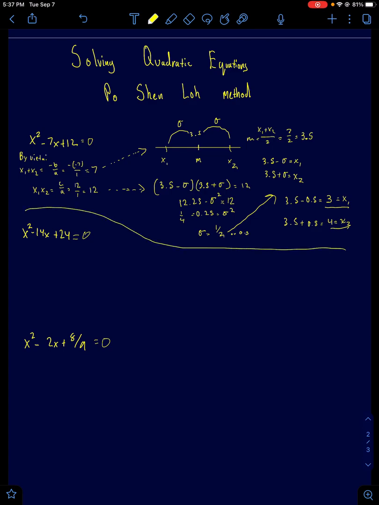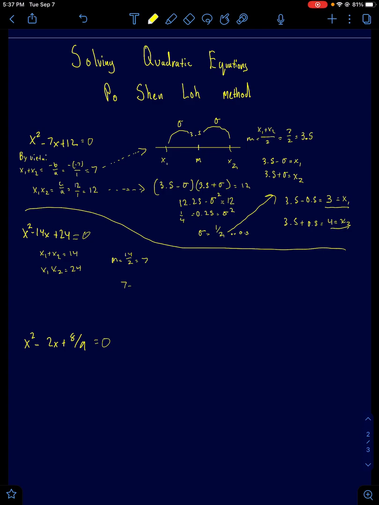Let's look at another example. So now we can ditch doing all of the work and explanation. We know that the sum, x1 plus x2, is equal to 14. And we know that the product, x1 times x2, is equal to 24. Therefore, the midpoint is equal to 14 over 2, which is 7.